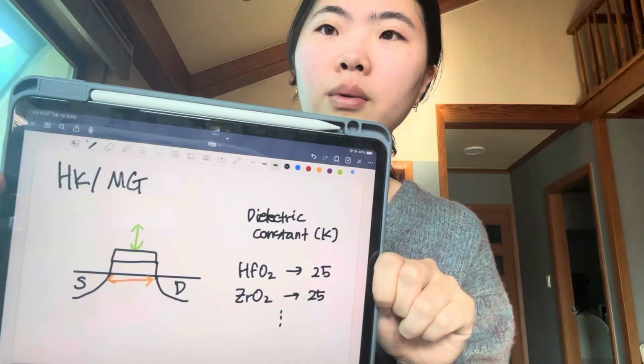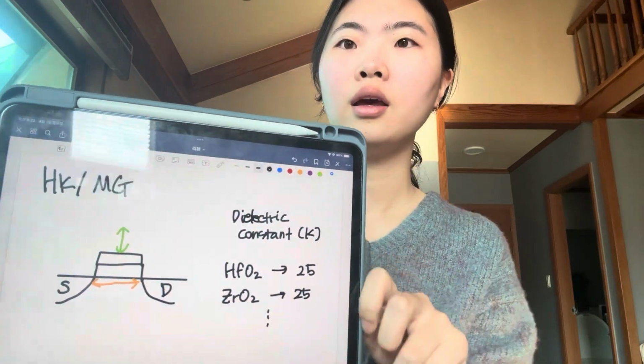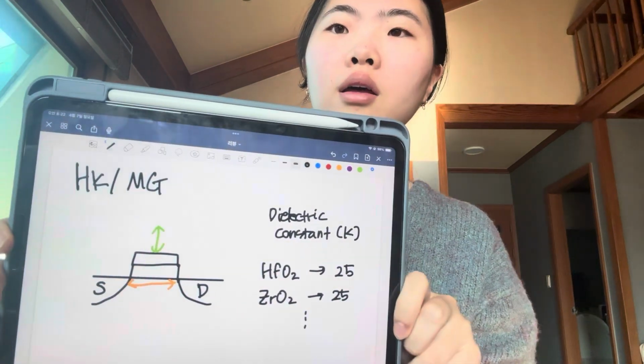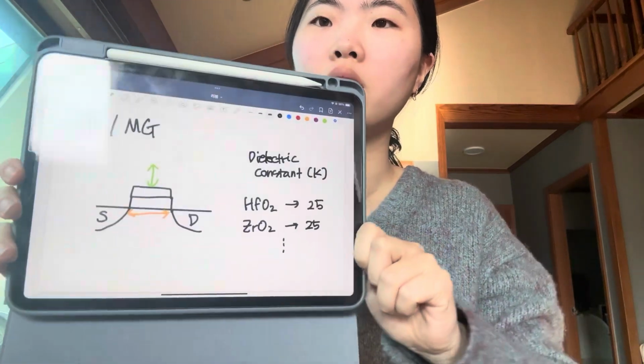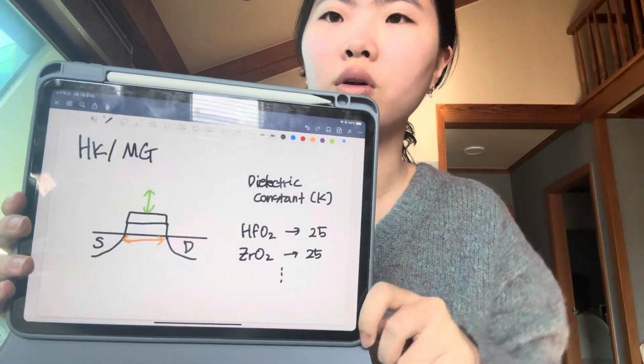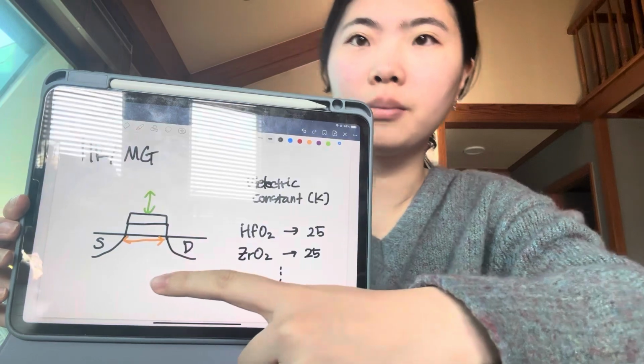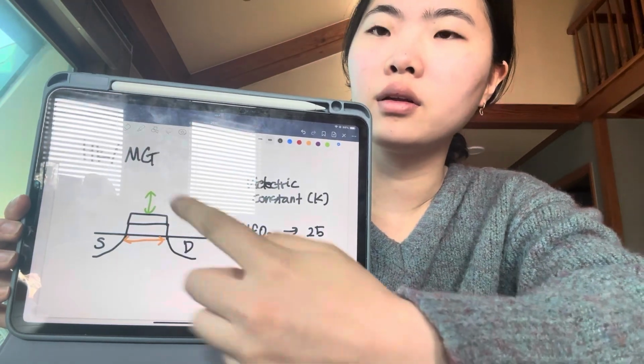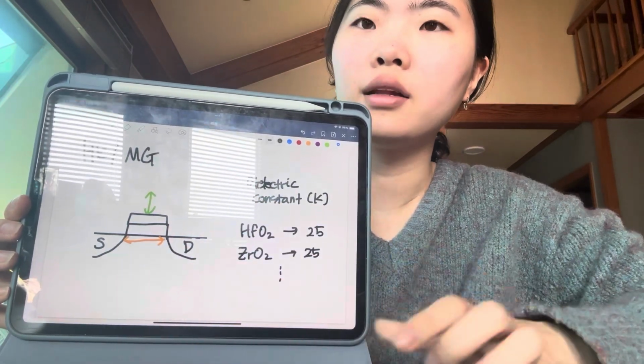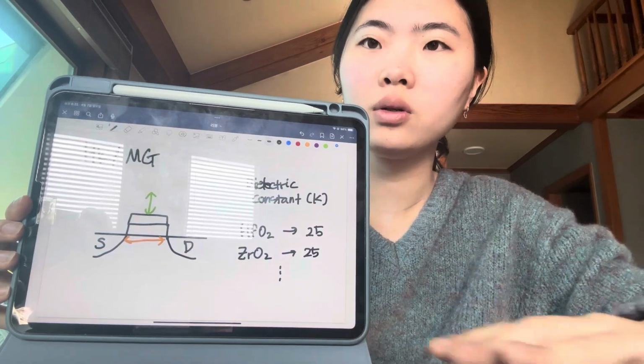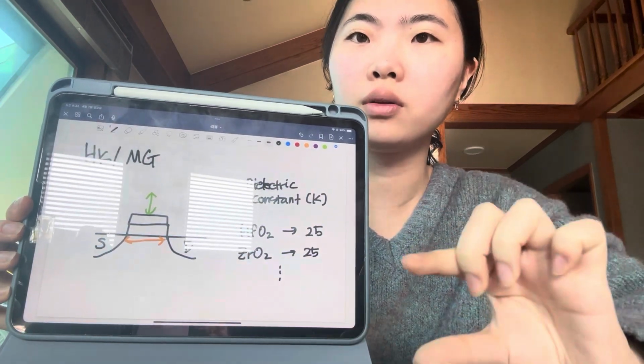First, let's talk about the high-K metal gate. Nowadays, we make smaller semiconductors than before, so we should scale down both the lateral side and the vertical side.